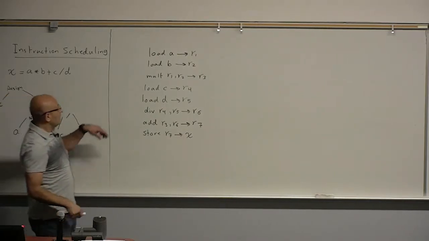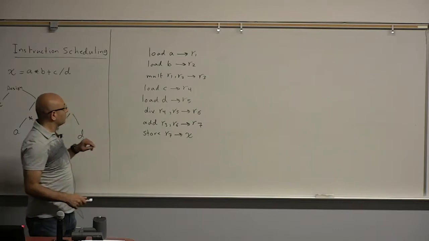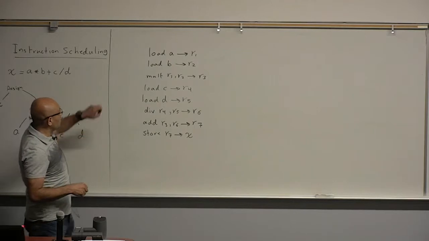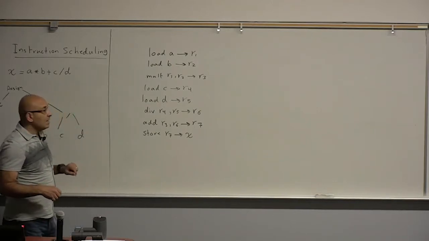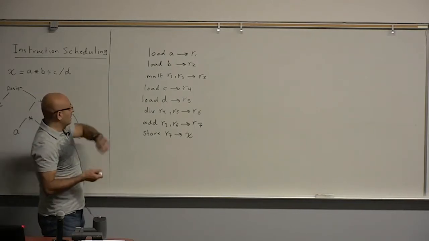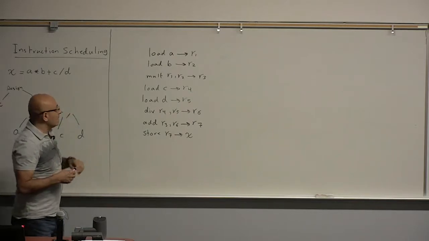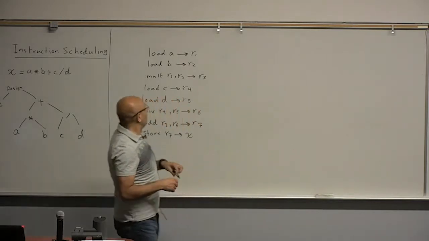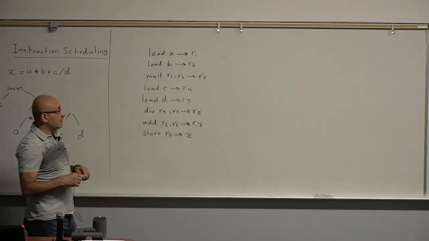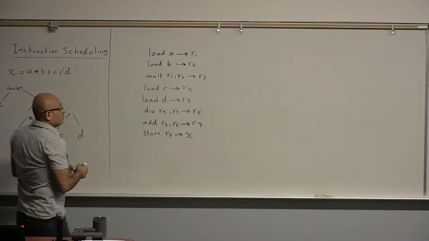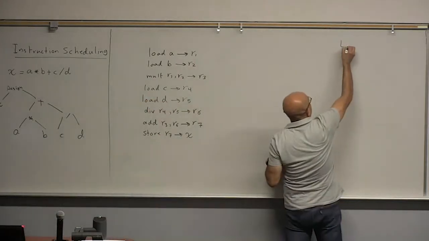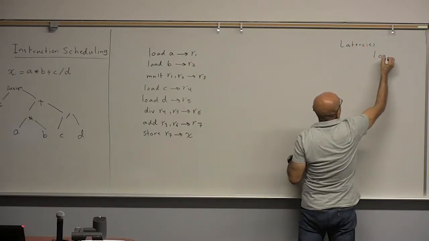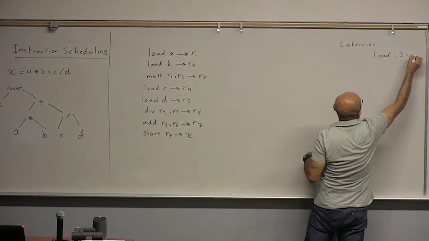Now, the point is that when we have code like this, some of these instructions, like the load instructions, have long latencies. So it takes a certain number of cycles for the result to become available. Let's assume the following latencies. For the load, we have a latency of 3 cycles.